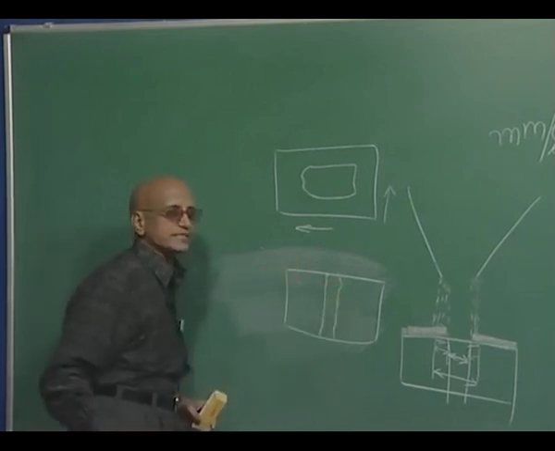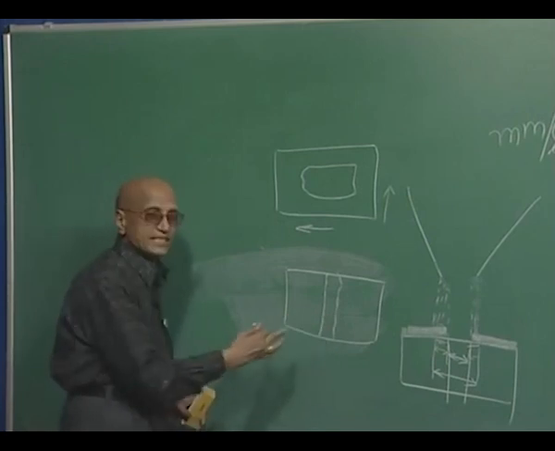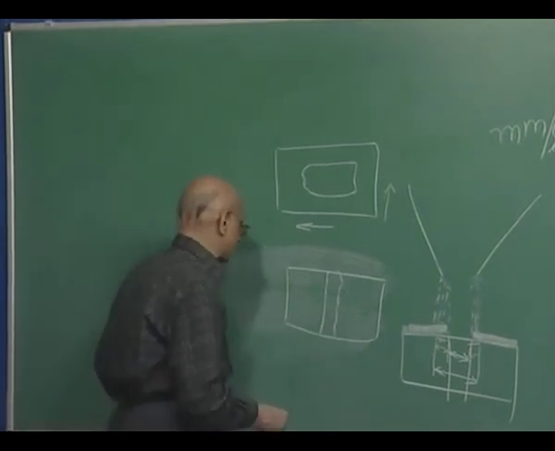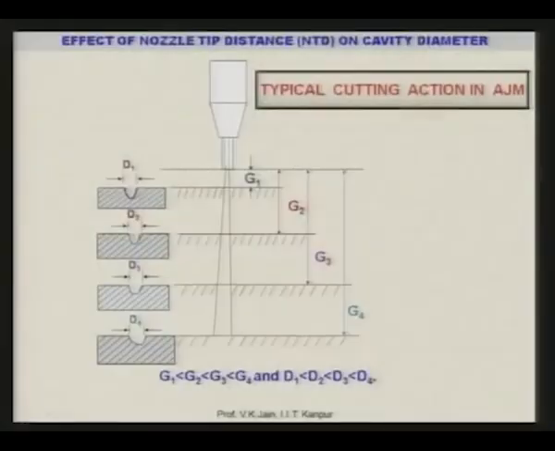Perpendicular to the board, if you see, there is a certain surface generated, one on this side, one on this side. So, what is the quality of that surface generated over there? That is known as kerf quality. And surface roughness can be evaluated either in terms of CLA value, that is the center line average value, or peak to valley value, or there are various ways of evaluating the surface roughness.